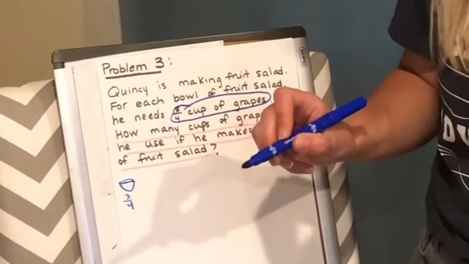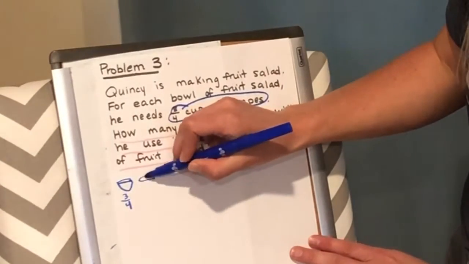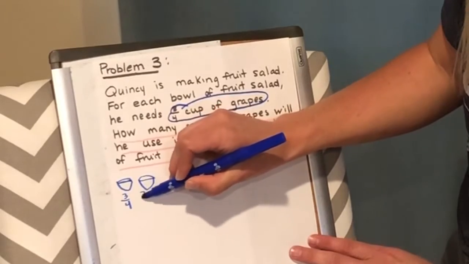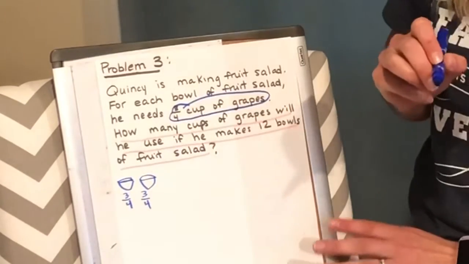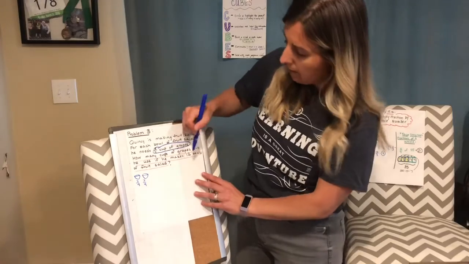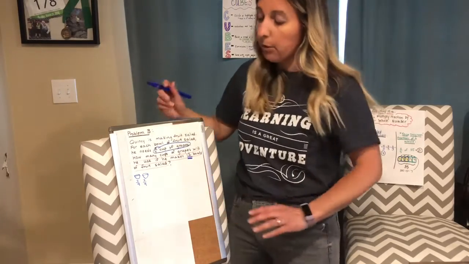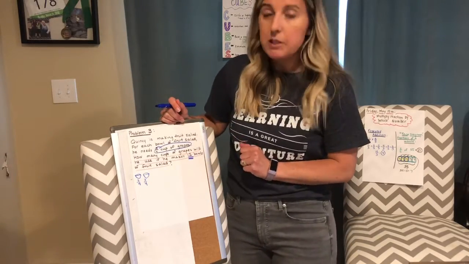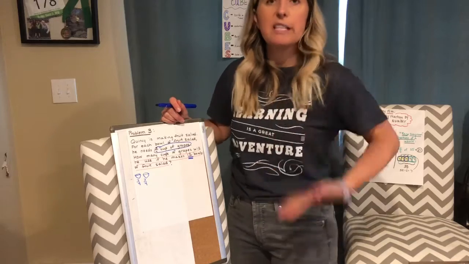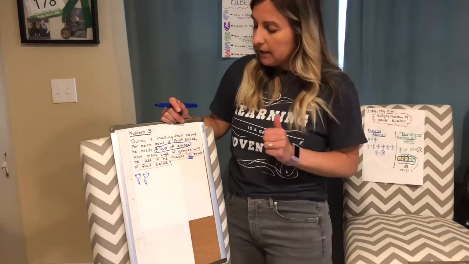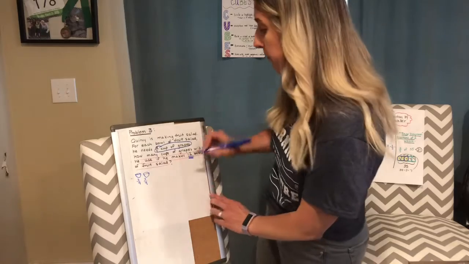For the next fruit salad bowl, he needs another 3/4 cup of grapes. Remember, he's making 12 bowls. So it looks like we're going to be using this 3/4 over and over again. How many times? 12 times.